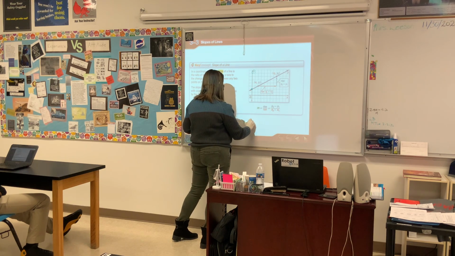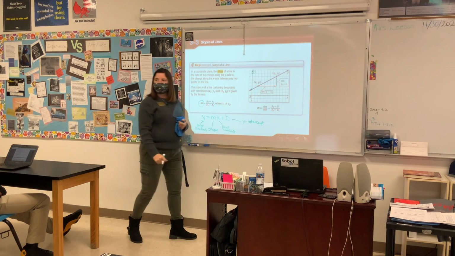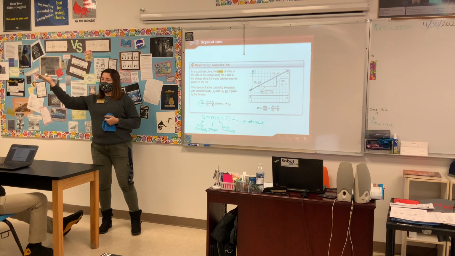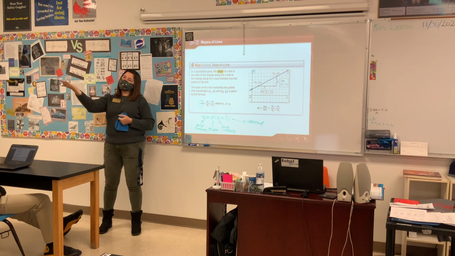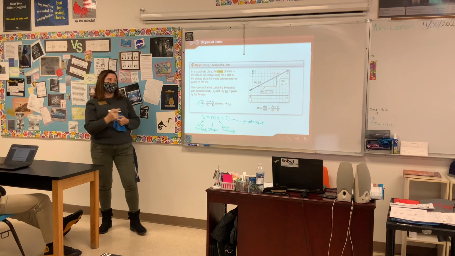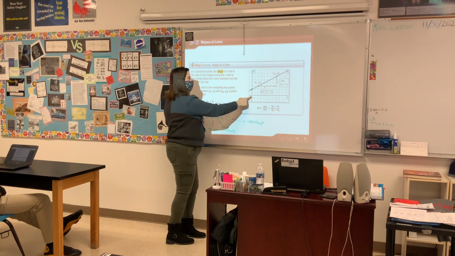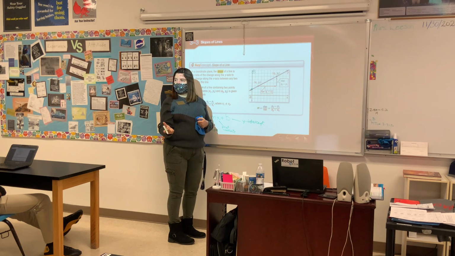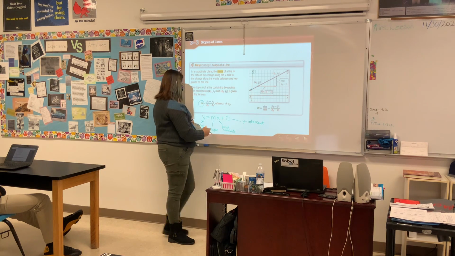Okay, so this is something known as a y-intercept. The y-intercept is where the line intersects, where it crosses the y-axis. And so all we have to be concerned about is what y is, not what x is.